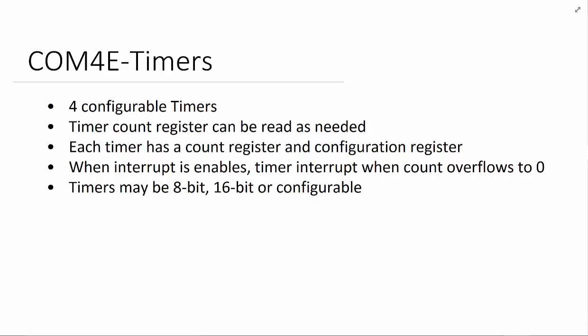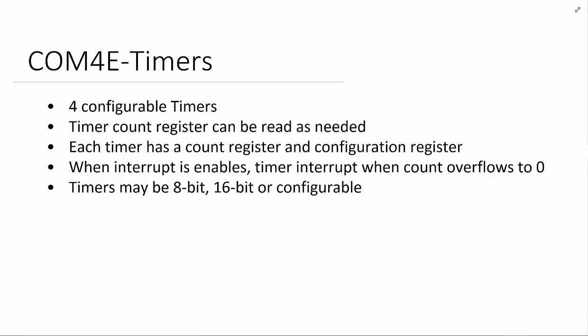A timer is a wonderful tool to do that because you set it to the next time you have to perform the task, and the timer could interrupt the processor, and the processor can take off and get the job done. So how many timers do we have in this particular case?